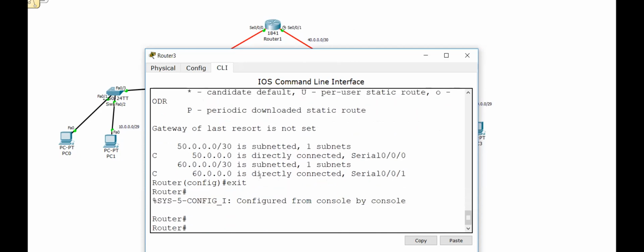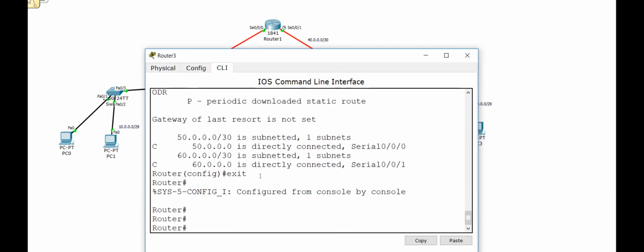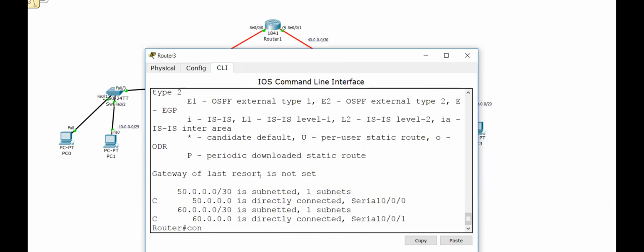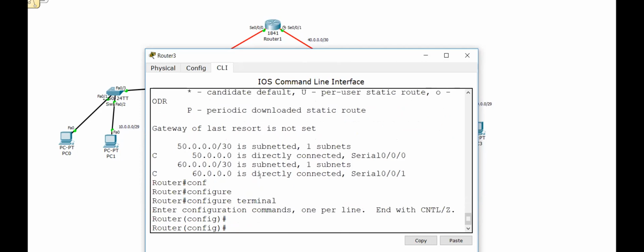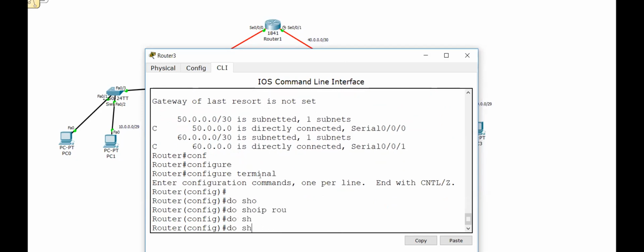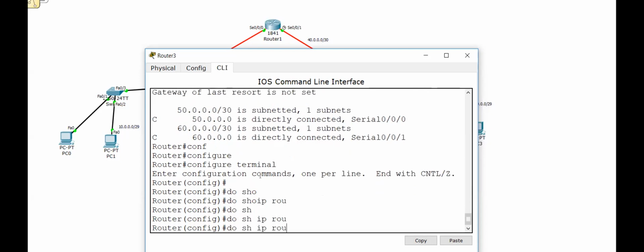If you want to use the same command in configure terminal, then you have to put do before the command: do show ip route. I think some students haven't taken the class on basic configuration commands.